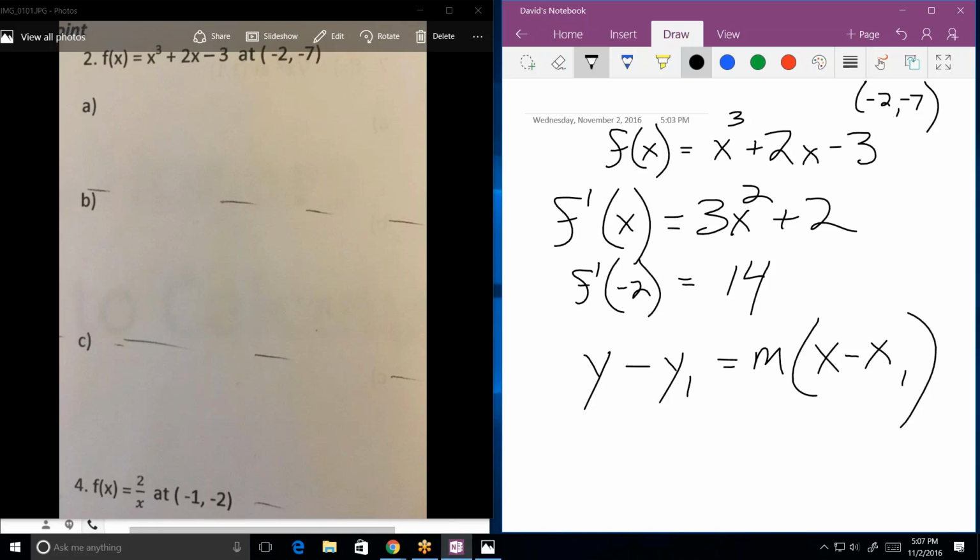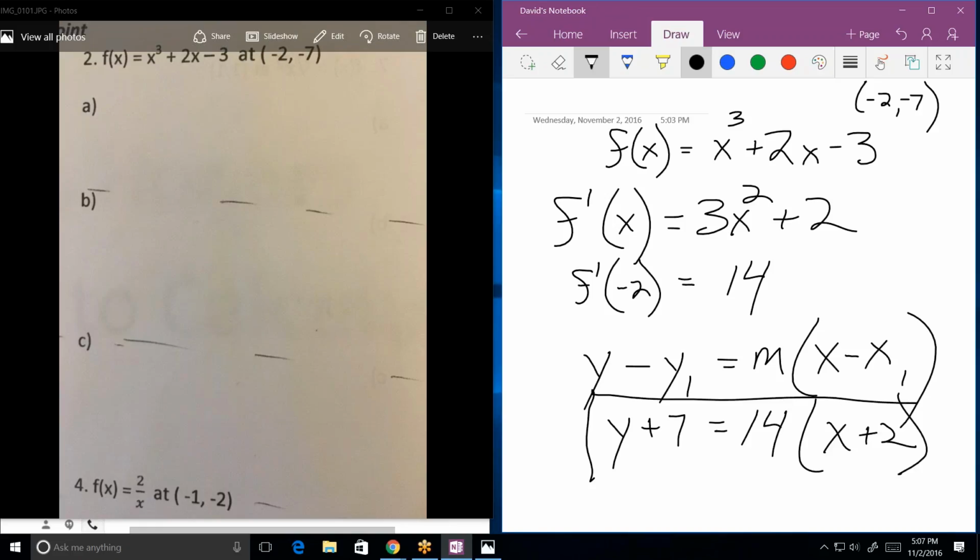Now, the equation of the line, I'm going to plug in the y1 of -7. I know the slope is 14. And this is x minus a -2. There's the equation of the line in final format.